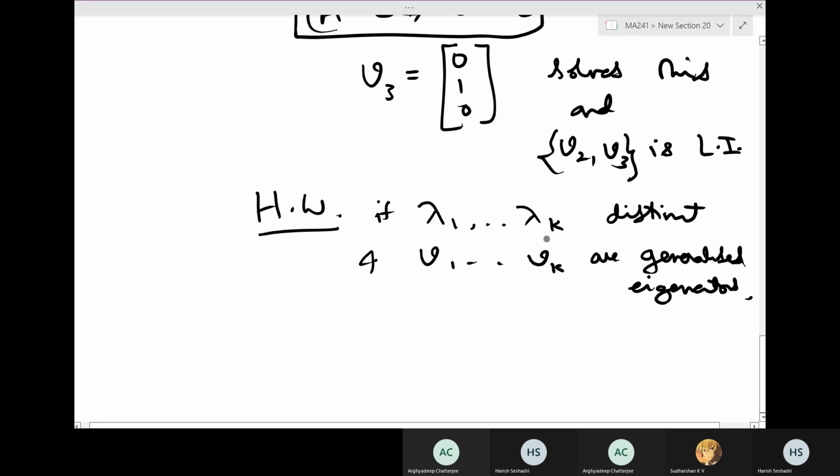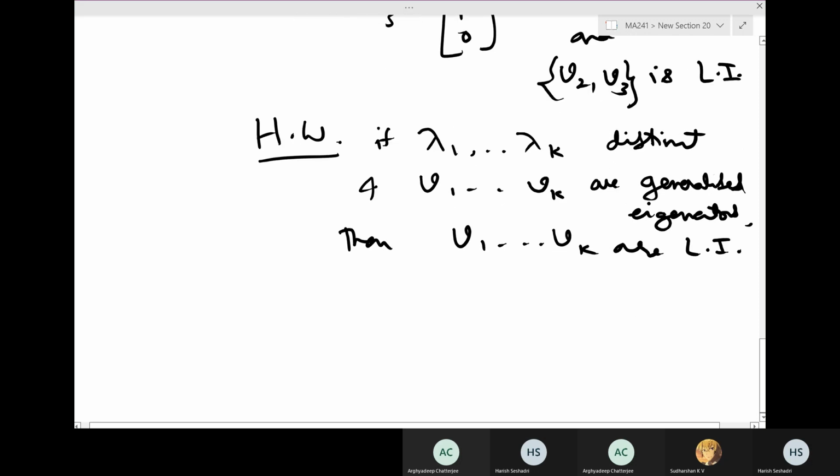The powers for the generalized eigenvector equation might change for each of these. But if these are generalized eigenvectors, then V1, V2, ..., Vk are linearly independent. This is not so obvious, but you can try to prove it.